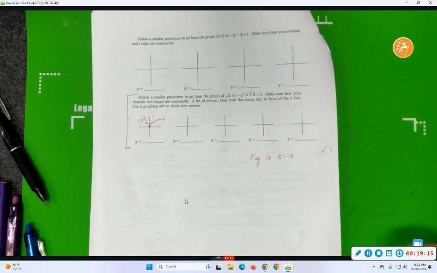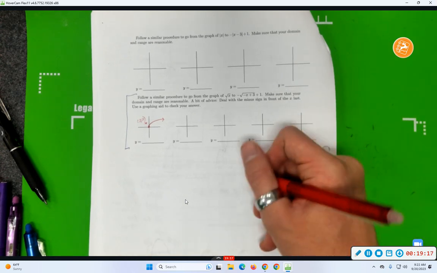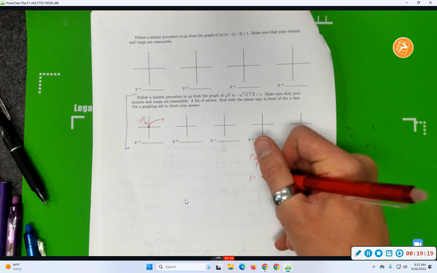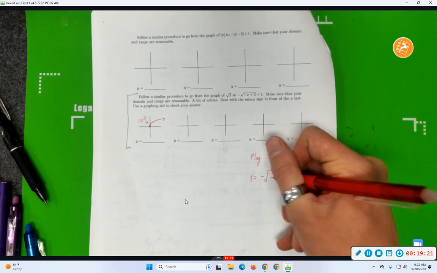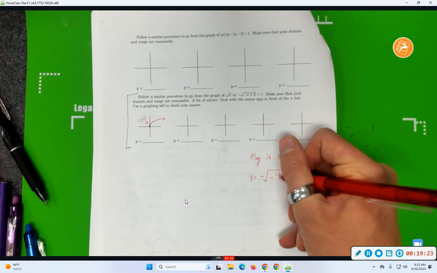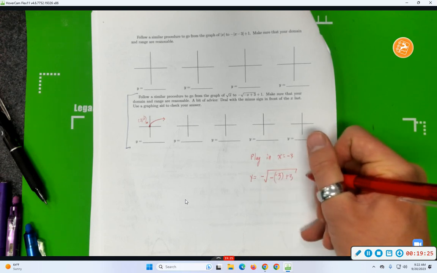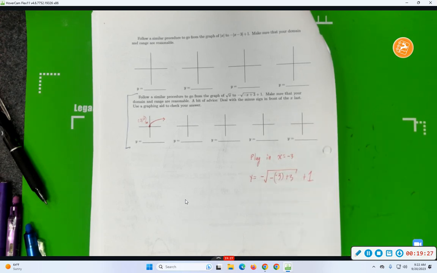Plug in x equals -3. We will get y equals negative the square root of -3 plus 3, plus 1. What's that wind up being? I think +1, right? Because that's a +1 at the end. Should it be a +1 at the end?